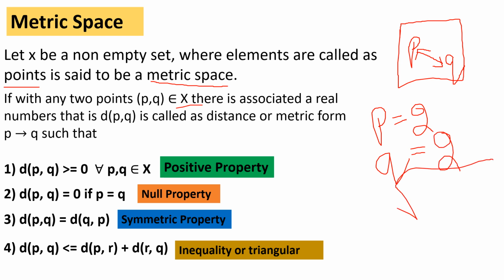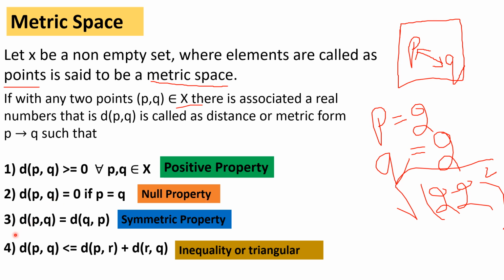Under root (x2 minus x1) whole square, which is nothing but (2 minus 2) whole square, which is equal to 0. That's why it is mentioned that d(p, q) is equal to 0 if p is equal to q. This is the null property.